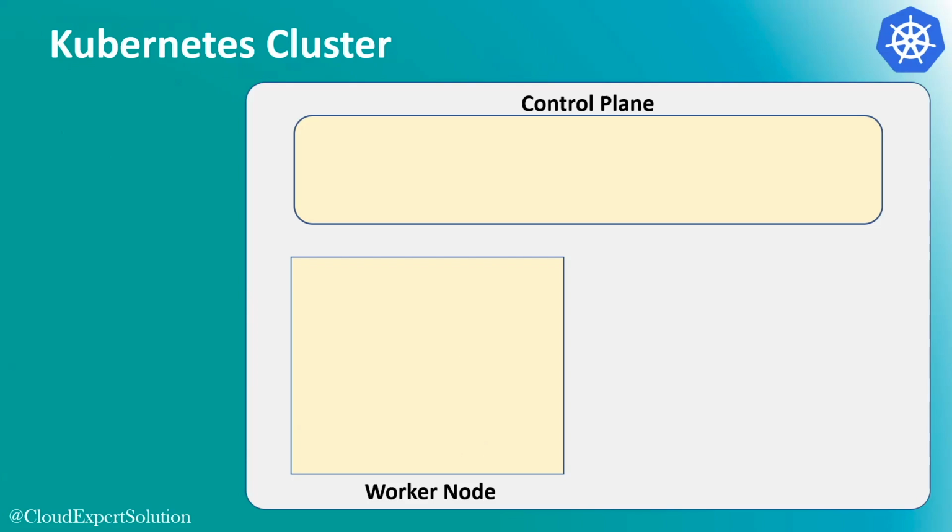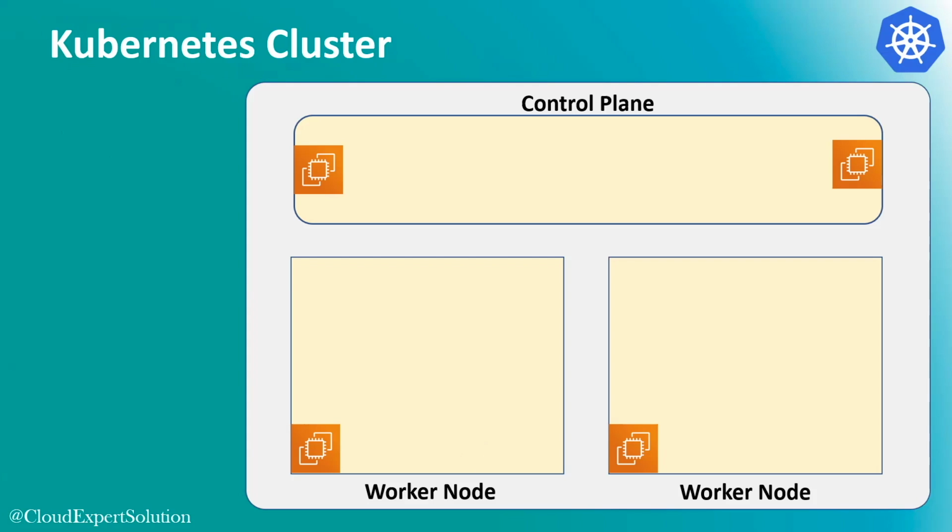In a production environment, the control plane usually runs across multiple computers, and the cluster usually runs multiple worker nodes because we need to think about fault tolerance and high availability. Let's say if one worker node dies or crashes, then my cluster should not crash or stop working. I should have enough resources to run those containers.